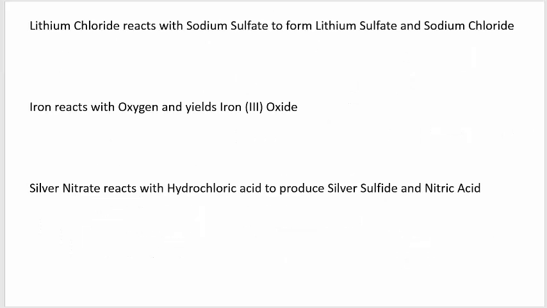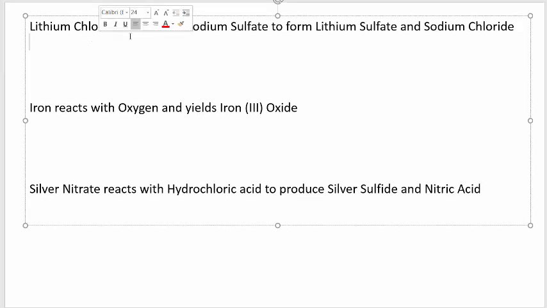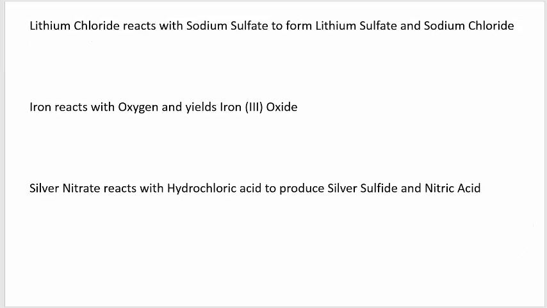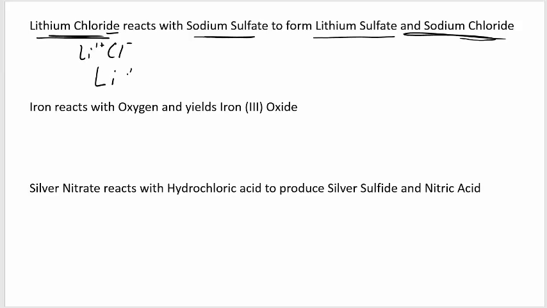So let's go through some examples of writing chemical equations. At this point, this is nothing more than writing formulas, which you already know how to do. We want to write some formulas for these things reacting together to form those things. All right, so lithium chloride has an IDE ending, so we're going to say lithium plus, chloride 1 minus. If we crisscross, we get LiCl. Reacts with, we're going to put a plus sign.